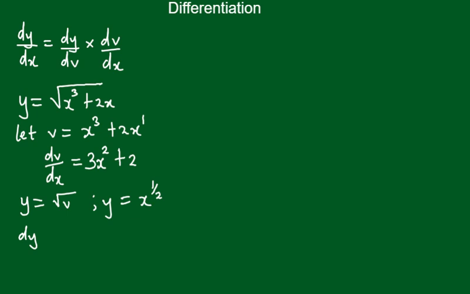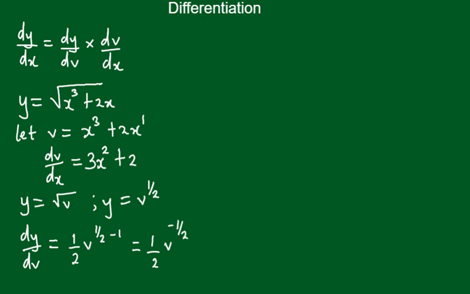I'm just going to change that in a minute. Y equal v to the power of half. So dy dv is equal to, you bring down the power and you subtract 1 from the power. So this becomes half v, half minus 1, that's negative half.